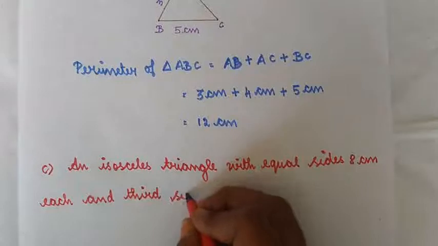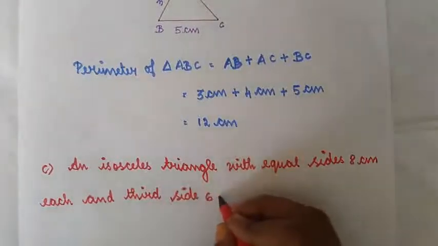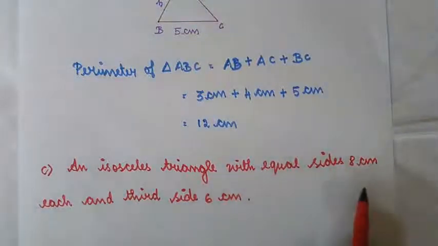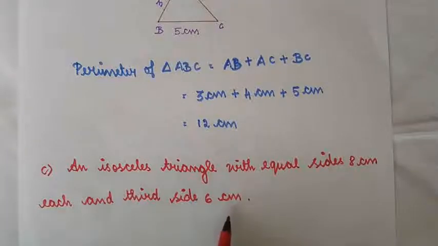An isosceles triangle with equal sides 8 centimeter each and third side 6 centimeter.